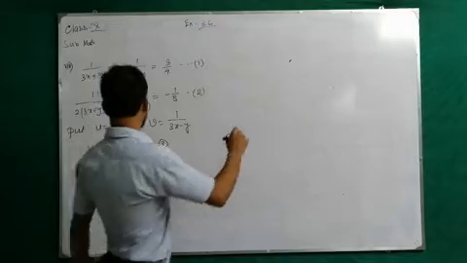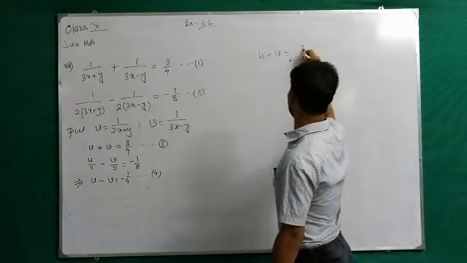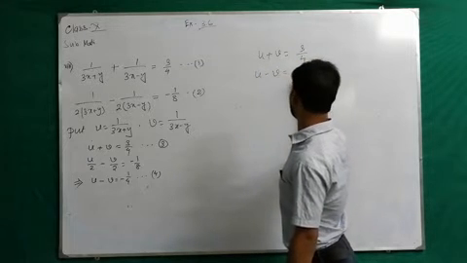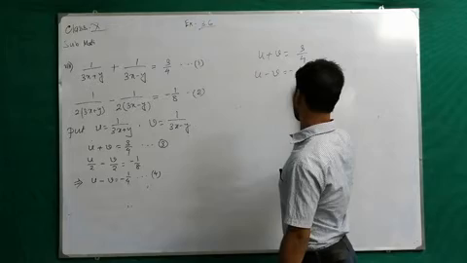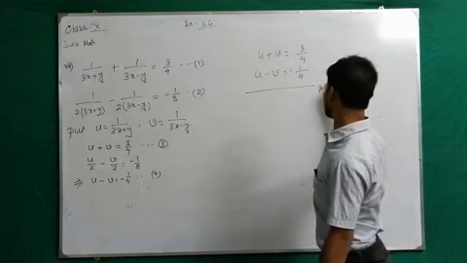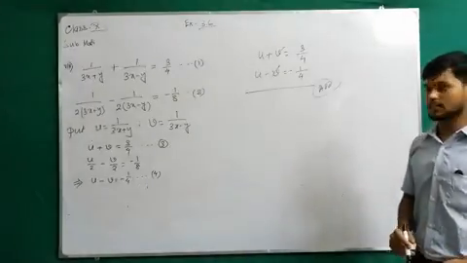Okay, so now write equation number 3, which is u plus v is equal to 3 by 4 and u minus v is equal to minus 1 by 4. Now add them. So if we add them, this plus v and this minus v will cancel each other.